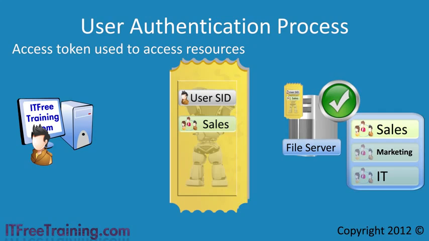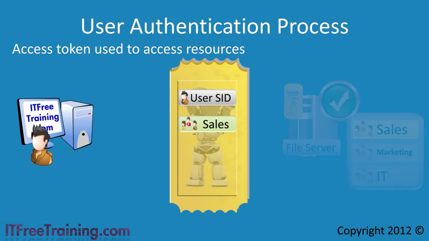You may be asking yourself, what would happen if the user was removed from the sales group after the token had been generated? The answer is the user would still have access because the security token contains the SID for the sales group. The same applies if the user was added to, say, the marketing group after the token was created.